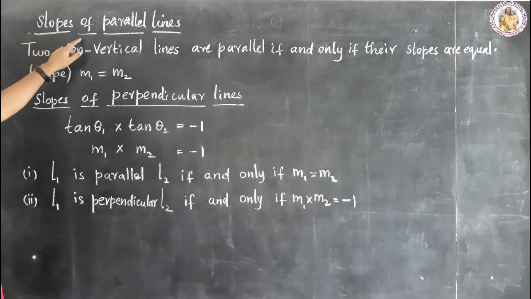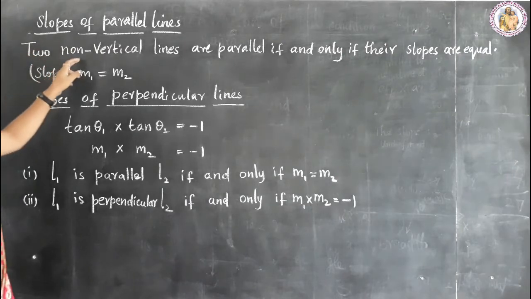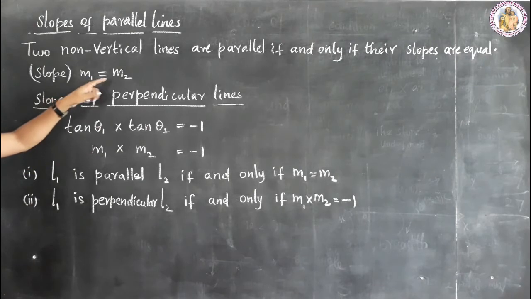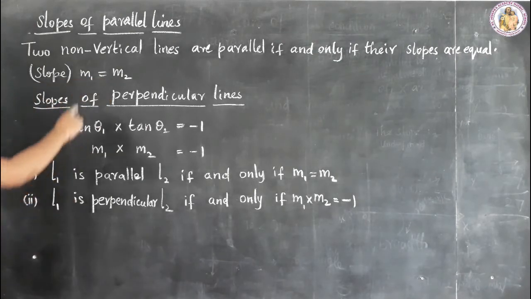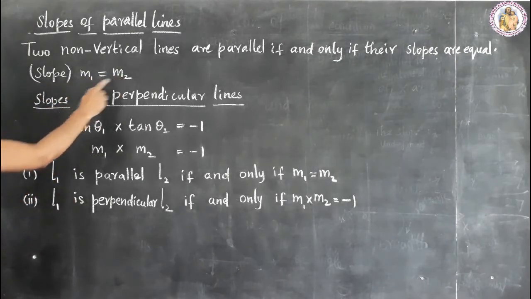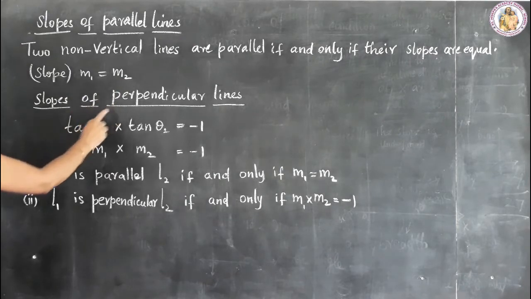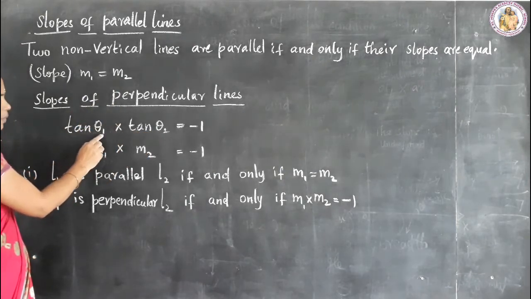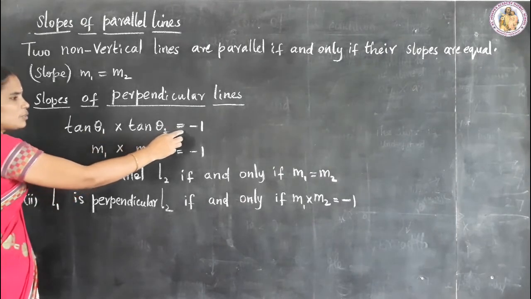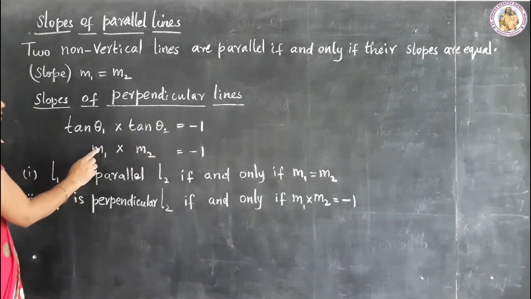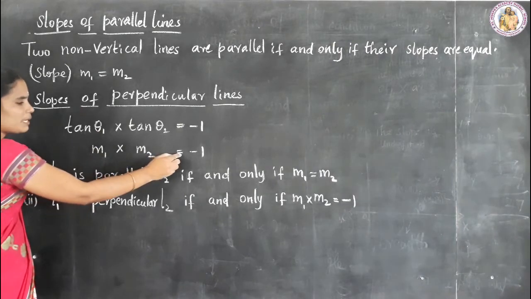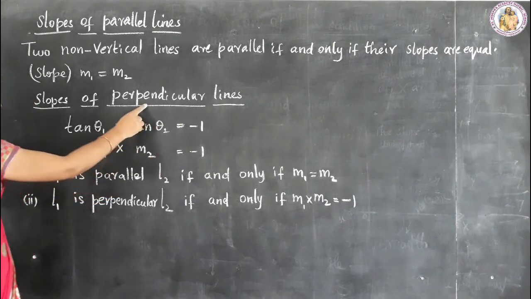Slopes of parallel lines. Two non-vertical lines are parallel if and only if the slopes are equal. So when parallel, m1 is equal to m2. Slopes of perpendicular lines: tan theta 1 into tan theta 2 is equal to minus 1, where tan is the slope, so slope 1 into slope 2 is equal to minus 1 when the lines are perpendicular.